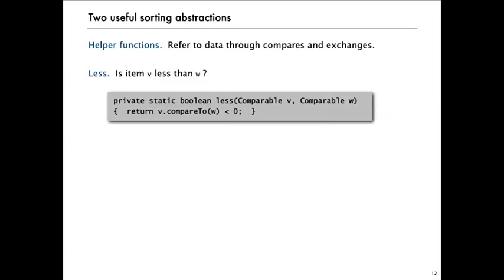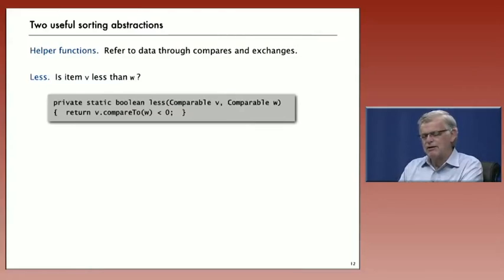So the Java language helps us with this comparable mechanism so that we can sort data of any type. But when we come to implement sorting algorithms, we're actually even going to hide that beneath our own implementations, so that the actual code of our sorting algorithms can be used to implement sorting in many other languages.